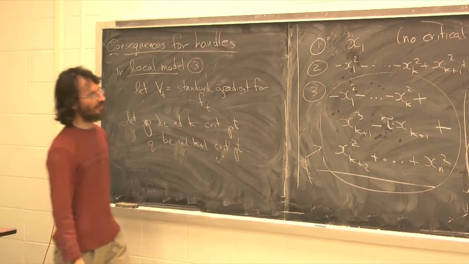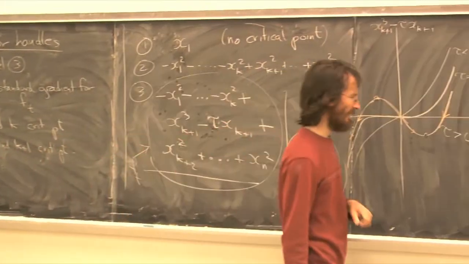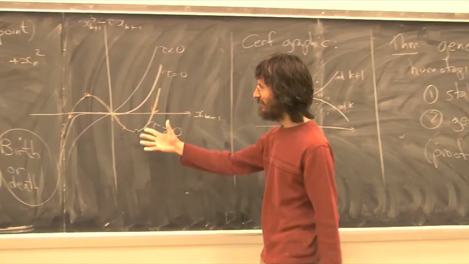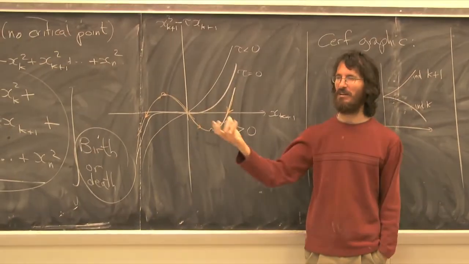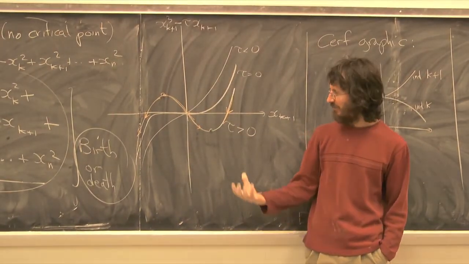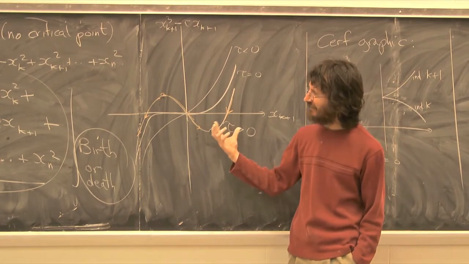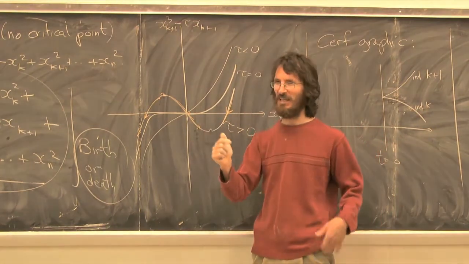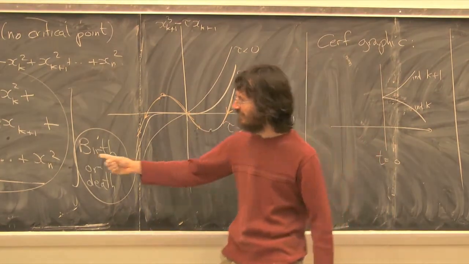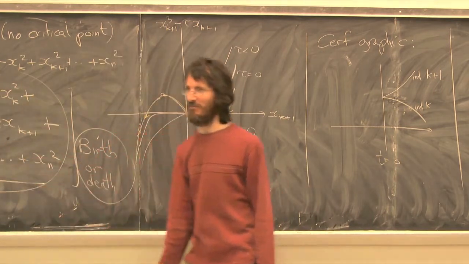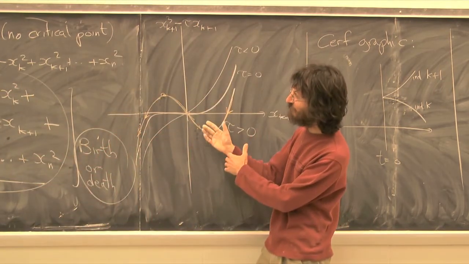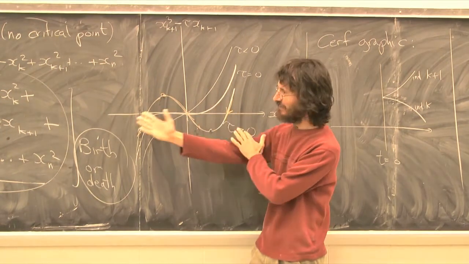And it's useful to stare at this picture and ask how I should interpret this picture as something higher dimensional. Well, I've got k other directions, and then the negative directions and the positive directions. So this is a slice of this picture.